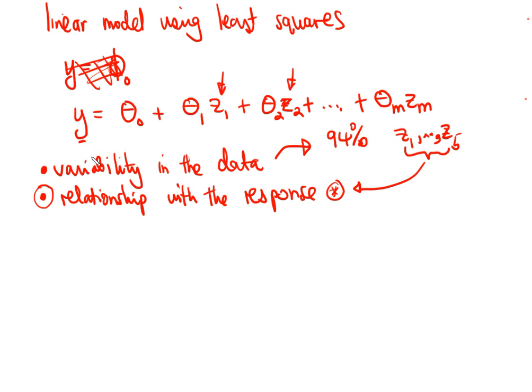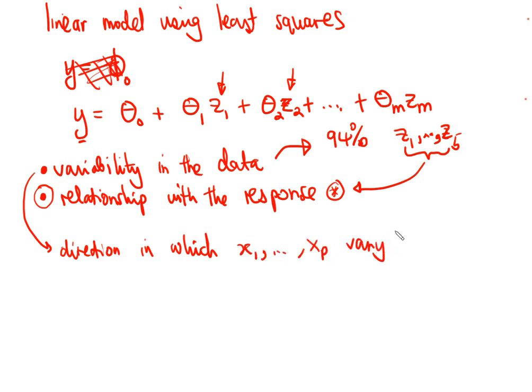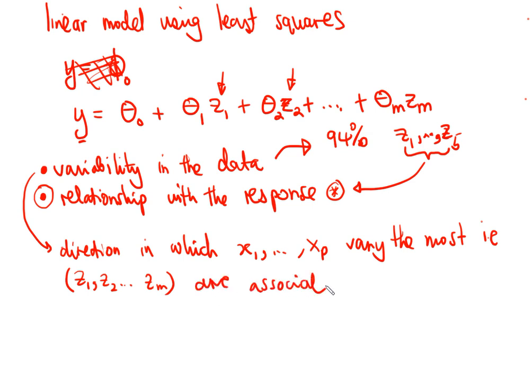And our hidden assumption was that the directions in which the original x1 up to xp vary the most, i.e. the directions that we chose, our z1, z2 up to zm, we hope that those directions are associated with y. We didn't state this, but that is the hidden assumption of PCA, and the biggest assumption with PCA.